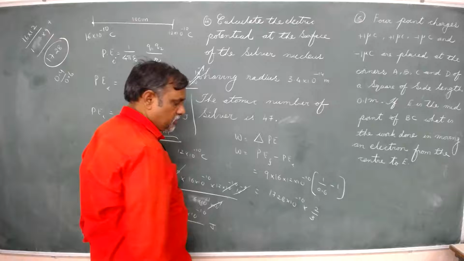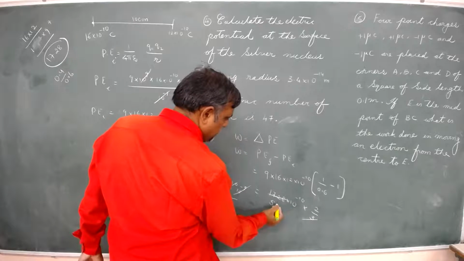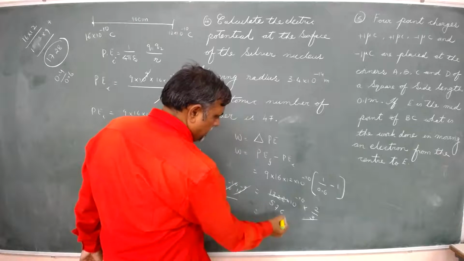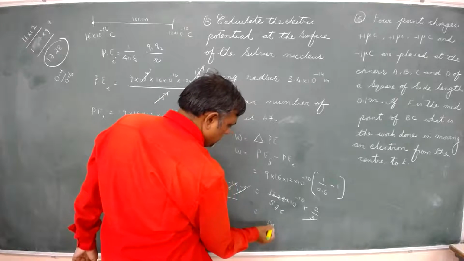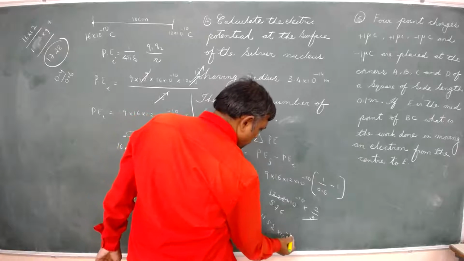2 by 3. So this 3, okay, we will cancel. So 10 power minus 2, minus 10.